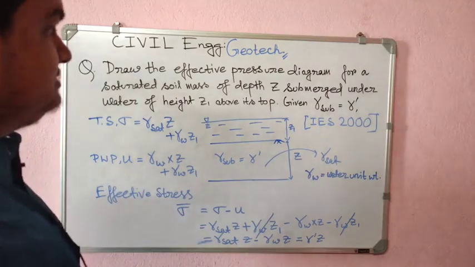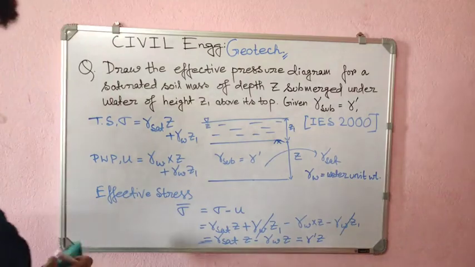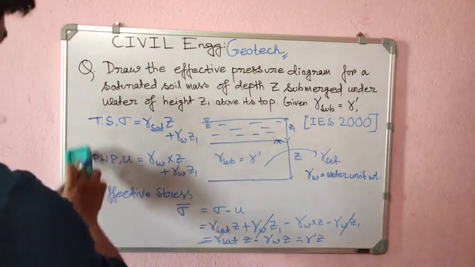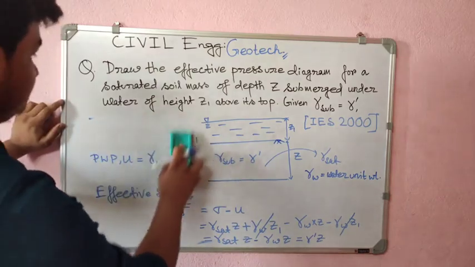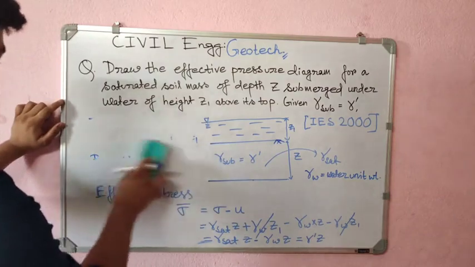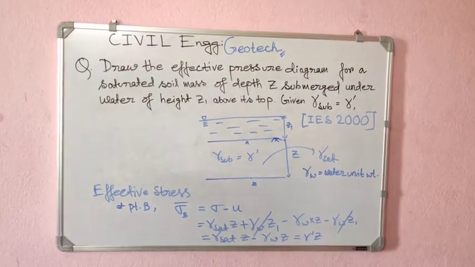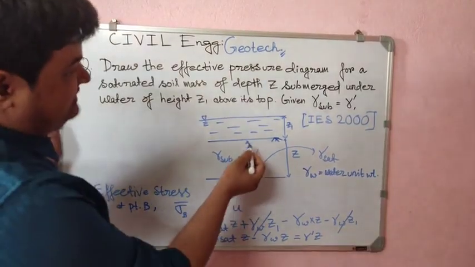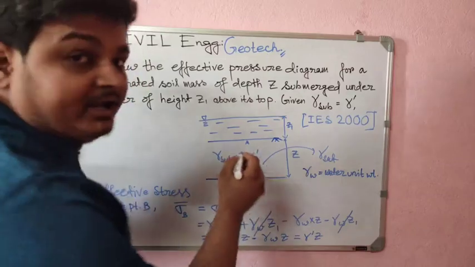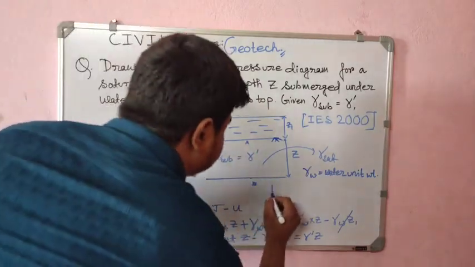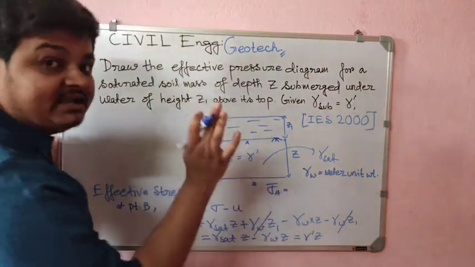Now let's draw the diagram. Just erasing this. So now we will see the value of effective stress here. At the point A, the sigma bar at A is the total stress minus pore water pressure.